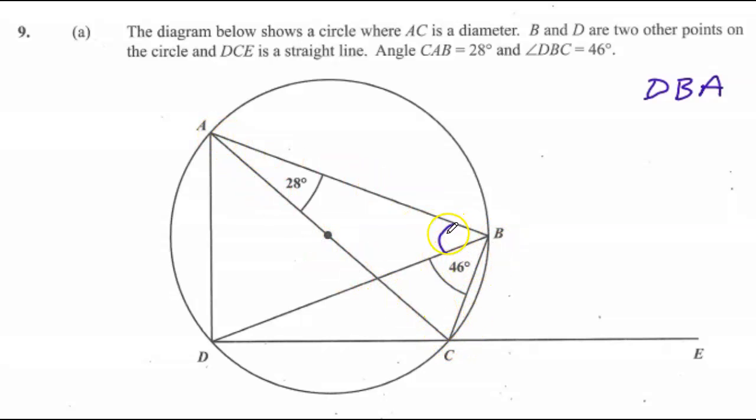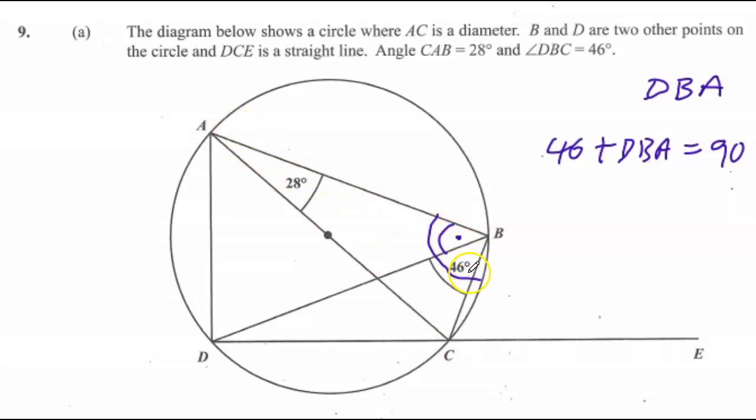So angle 46 plus angle DBA, which is the angle in question that we want to find, should be equal to 90 degrees. Why? This entire angle should be a right angle, because it was formed from the endpoints of the diameter AC.